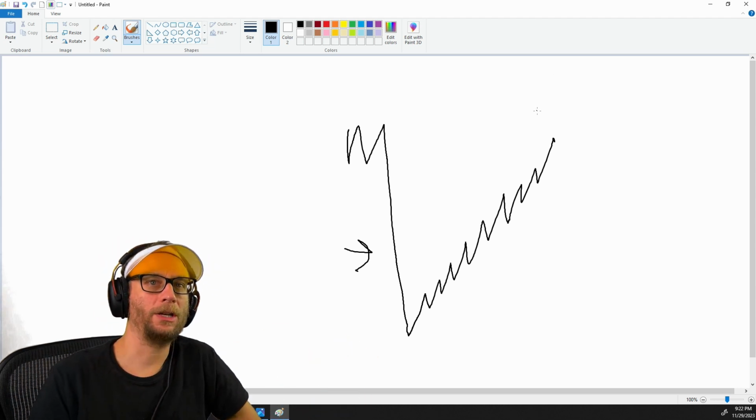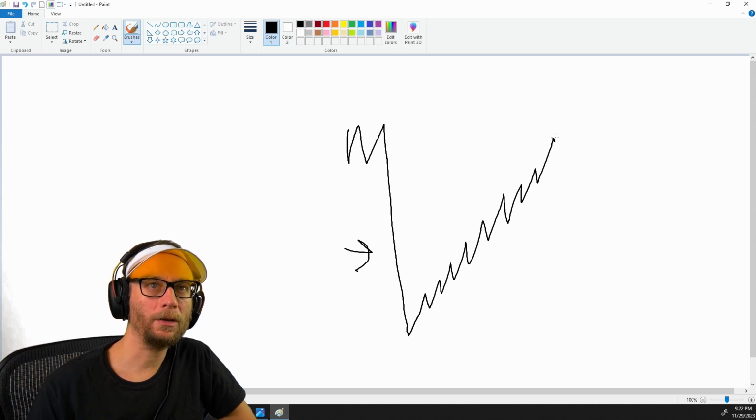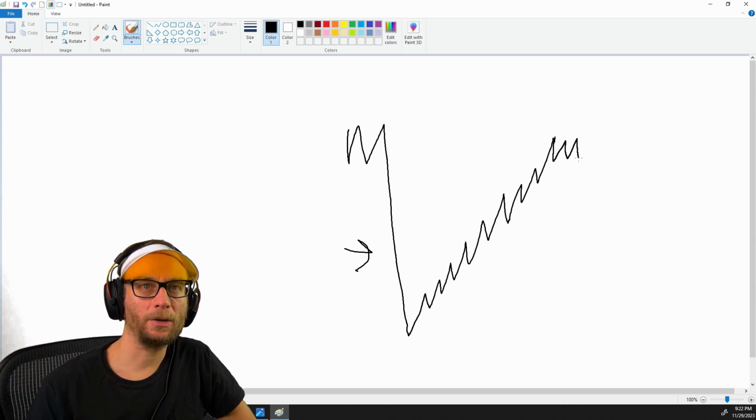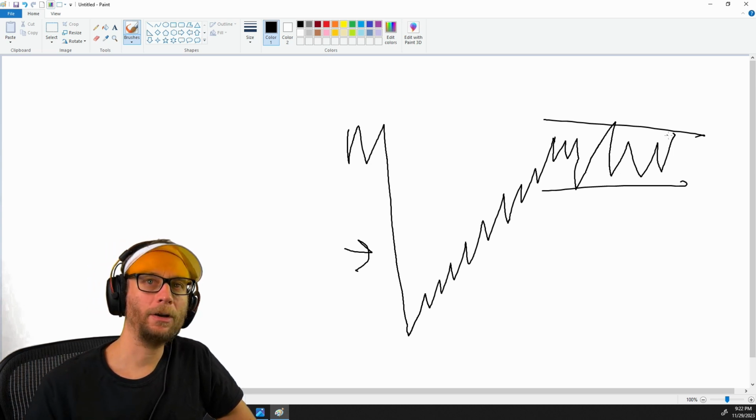When you have a range expansion like this, if it's like 50, 60 ticks, you're going to want to wait 30 minutes to an hour, because it could put in a small range up here, and then it could puke, and then it could start to do this, and then it starts to just expand. And then an hour and a half later, we realize we know what's going on here.